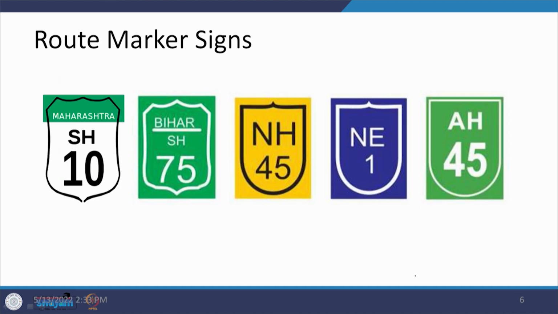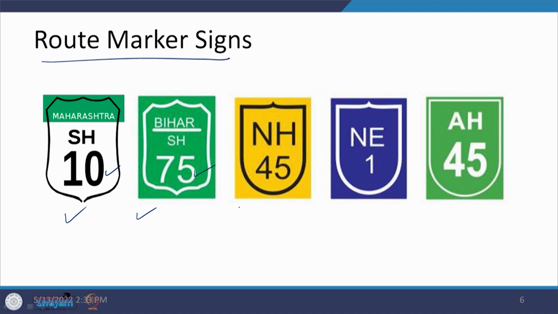The other category of signs are defined as route marker signs, and these are important to define on which particular category of road we are moving. Say we are talking about a state highway, then on a state highway we use a green color background, and the numbers tell that this is state highway 10 or state highway 75, whatever it is, and for which particular state it is, that is also defined.